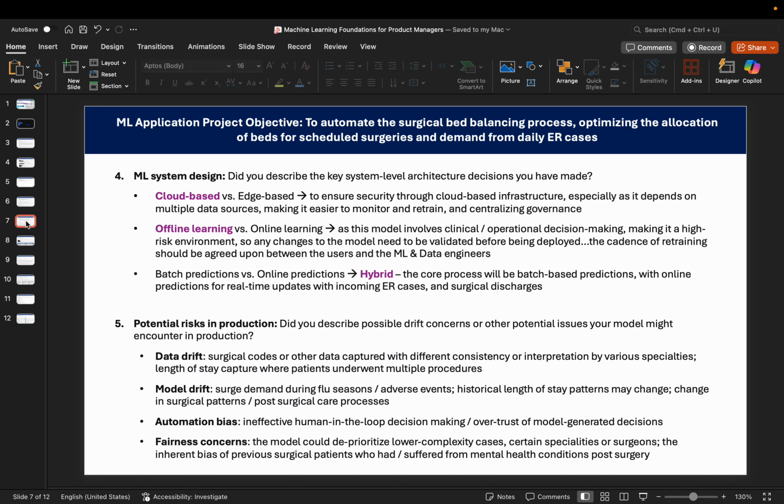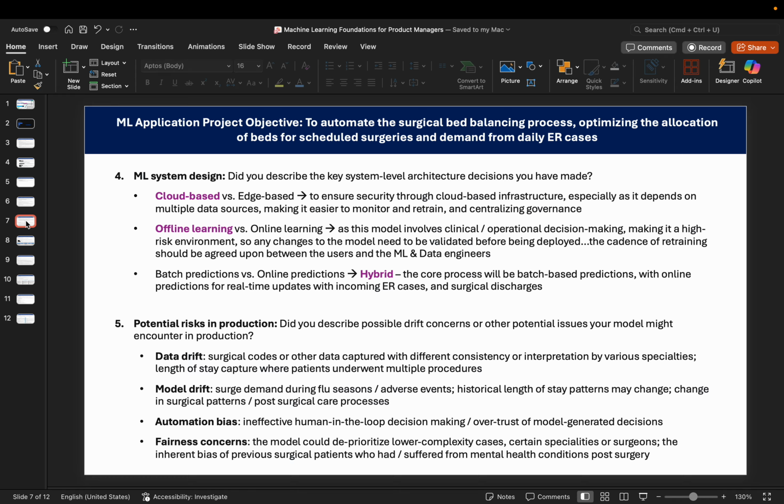In terms of potential risks in production, there is a risk of data drift, so surgical codes and other data captured with different consistency or interpretation across specialties. Length of stay capture with patients who underwent multiple procedures could be a potential data drift as well. In terms of model drift, surge demand during flu seasons or adverse events can cause a model drift.